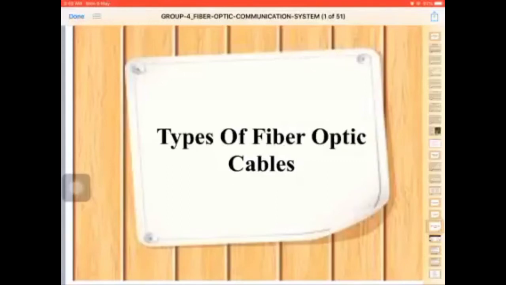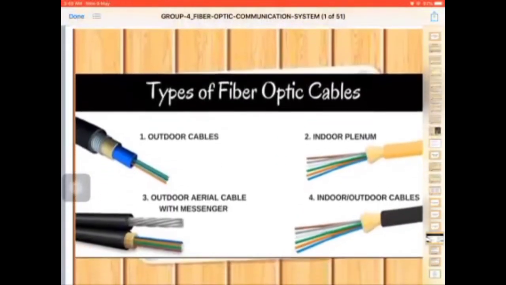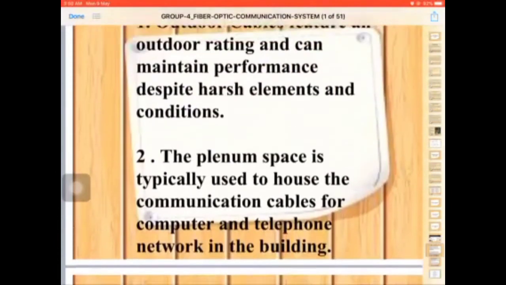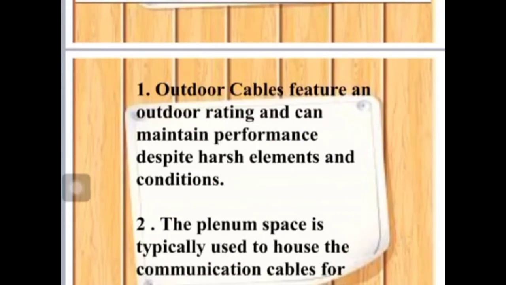So, fiber optic cables. The types of fiber optic cable are: one, outdoor cables; two, indoor plenum; three, outdoor aerial cable with a messenger; and four, indoor/outdoor cables. Outdoor cables feature an outdoor rating and can maintain performance despite harsh elements and conditions, for example moisture and high and low temperature, which can affect signal integrity.